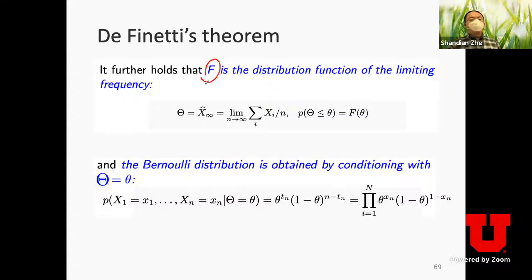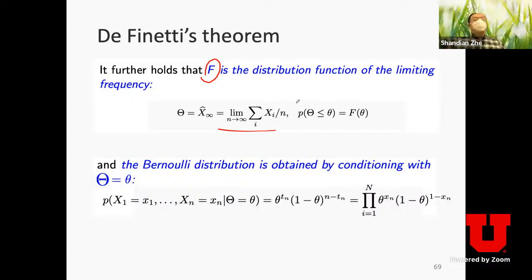What about F? F is the distribution of this limiting frequency. If you average the first n random variables in your sequence, it is still a random variable, because the average of random variables is still a random variable.